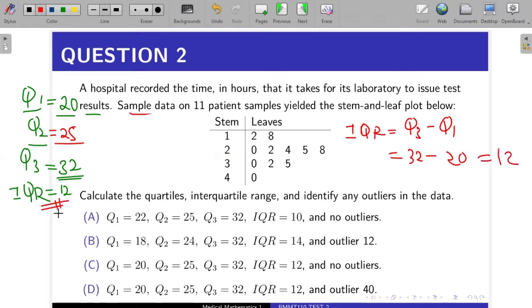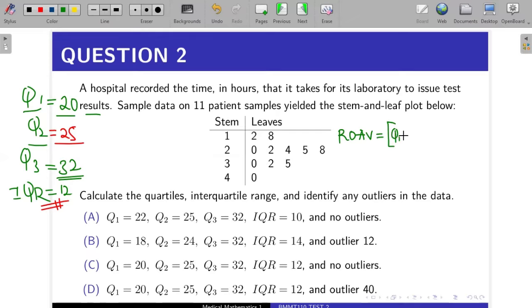So I can now erase this and find out if this data has an outlier or it does not have an outlier. So the range of accepted values is given by the formula Q1 minus 1.5 multiplied by the interquartile range, comma, Q3 plus 1.5 multiplied by the interquartile range.